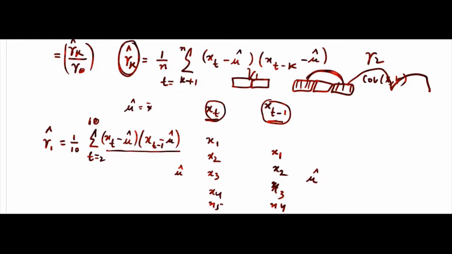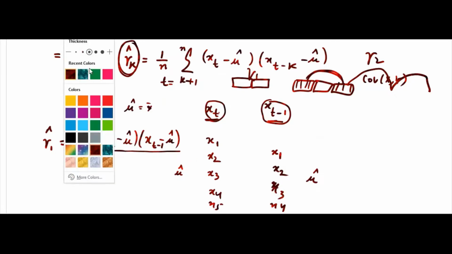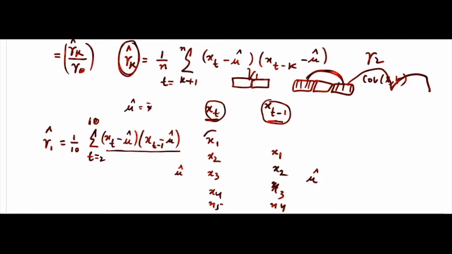Sorry, I will ignore the first one here. One data I have to ignore. That is the difference. When you consider random variables, we take all data. Here we will not take all data. So x2 minus mu bar, so here x1 minus mu bar. Multiply this by this.